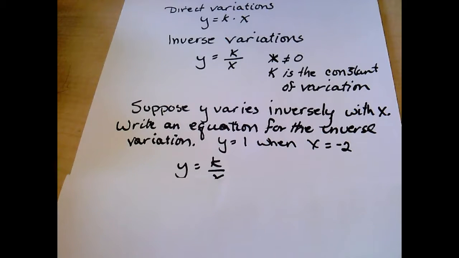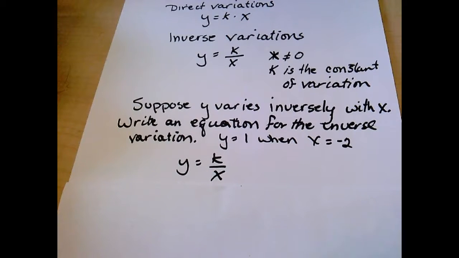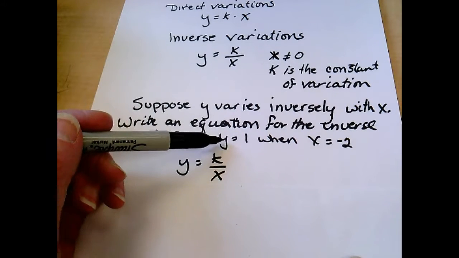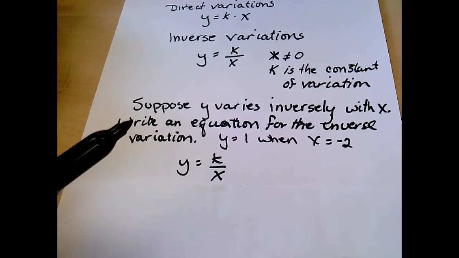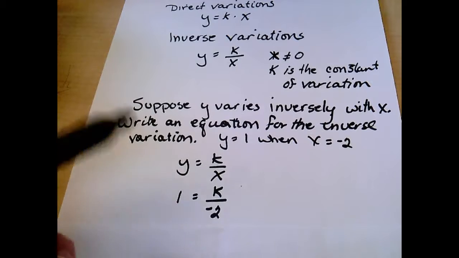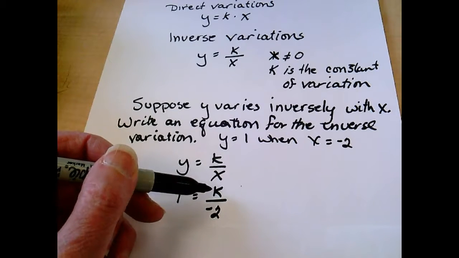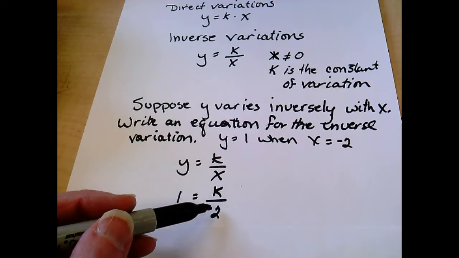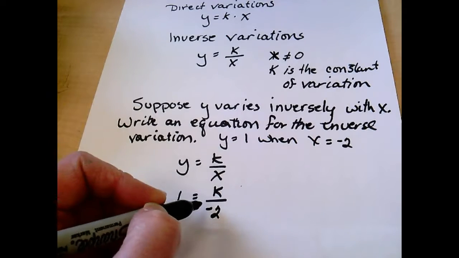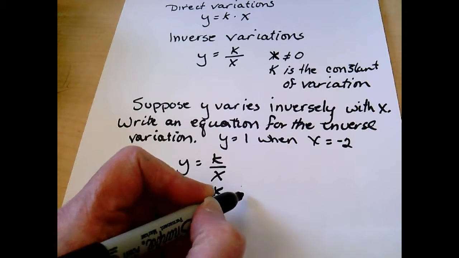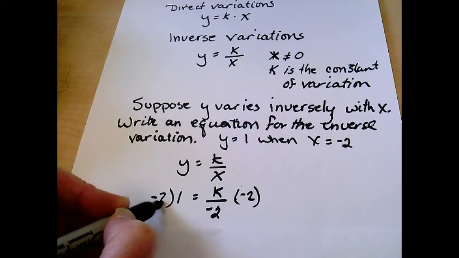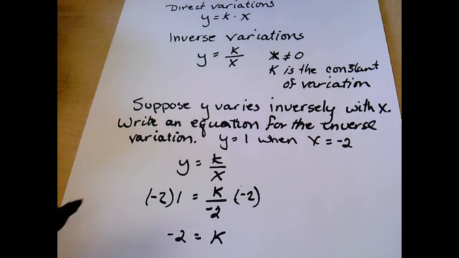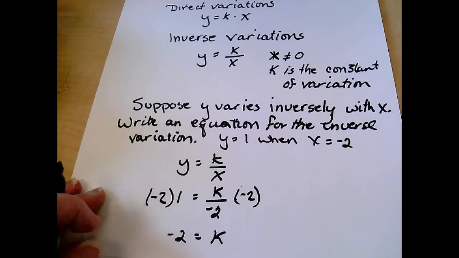So you set up y equals k divided by x, and substitute: 1 equals k divided by -2. Now we're solving for k. We multiply by -2 on both sides, and we get -2 equals k.